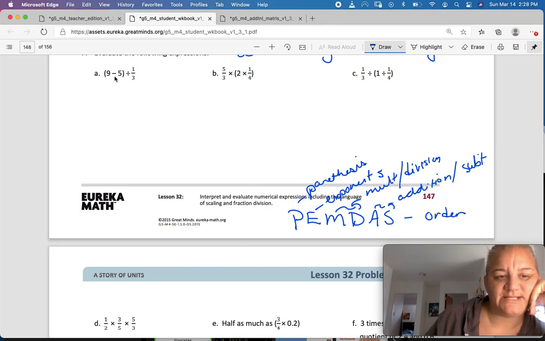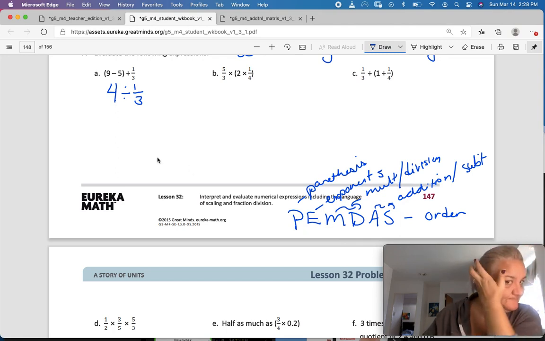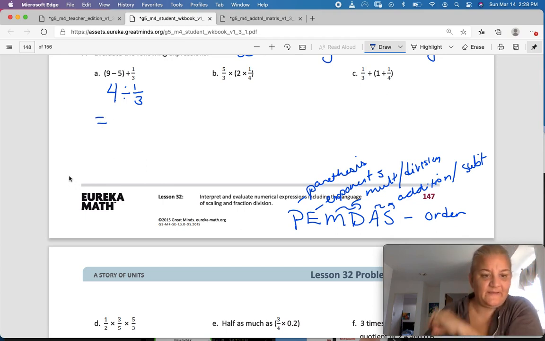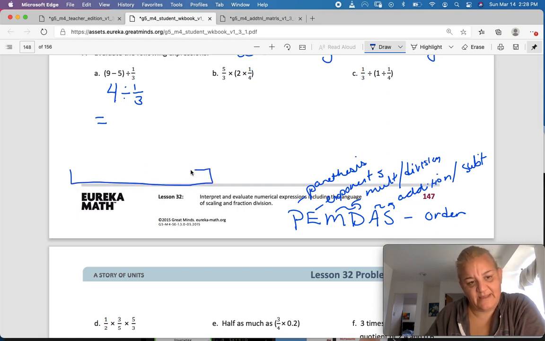PEMDAS. So 9 minus 5 is 4. Then we're going to divide by 1/3. Okay. So we went from parentheses straight to division because there were no exponents or multiplication. And I know that the answer to 4 divided by 1/3, if I want to draw my tape diagram, I can.